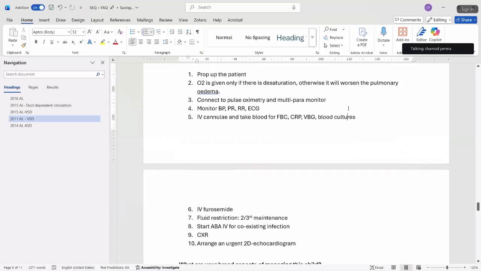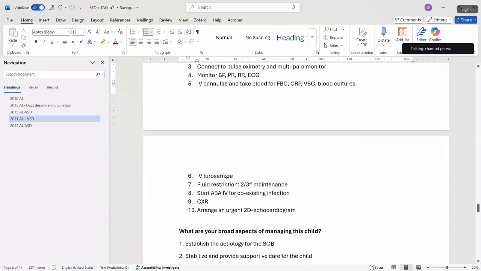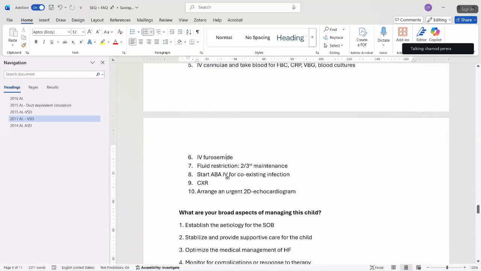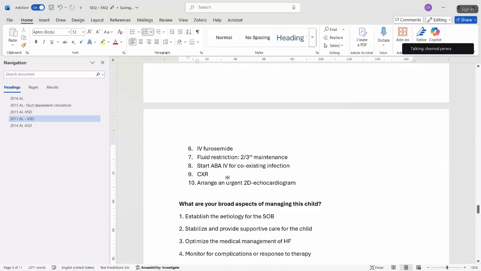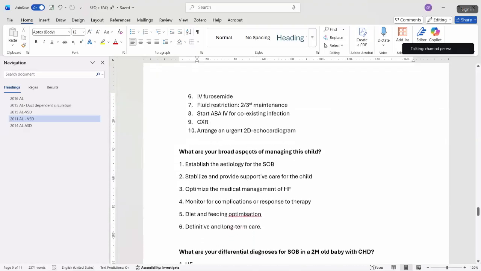Therefore, you need to take blood cultures also. IV furosemide, as I mentioned earlier, and fluid restriction. We usually go for 2/3 maintenance in these patients, and IV antibiotics because you suspect infection, and the urgent 2D echo, urgent cardiology referral is also important.